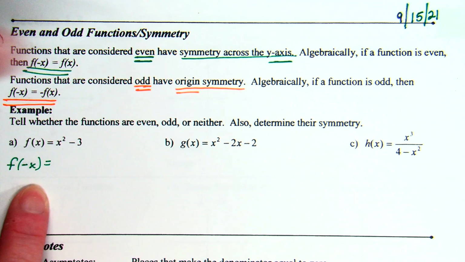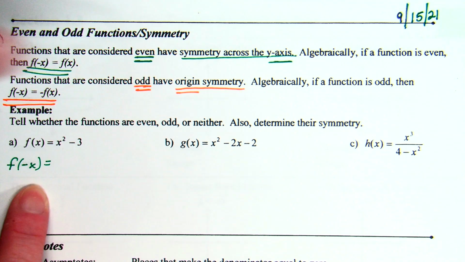If I find f of negative x, we've talked about this before, every place I see an x, I'm going to replace it with negative x. So it was f of x, I want to make it f of negative x.